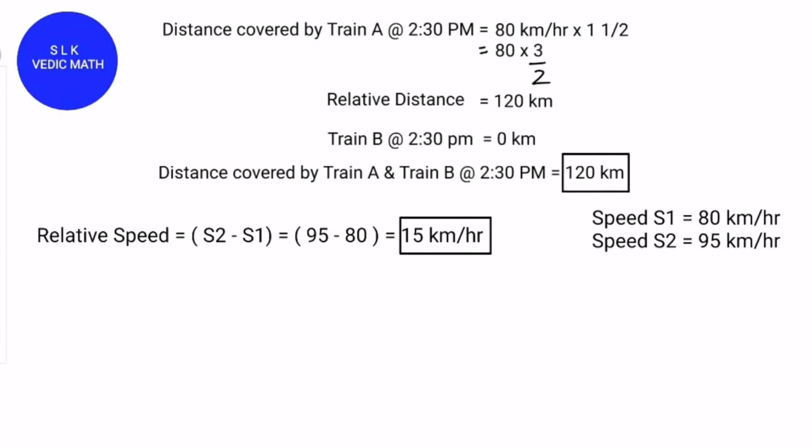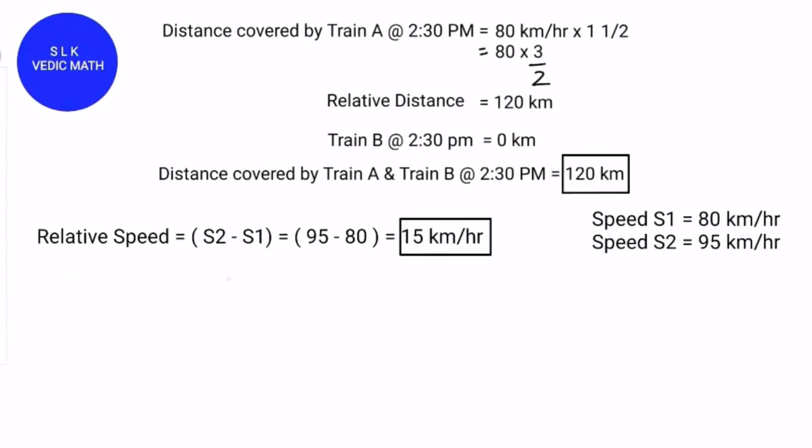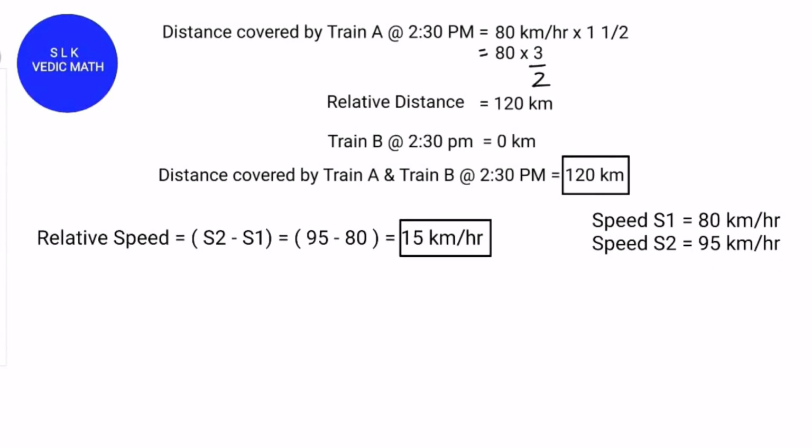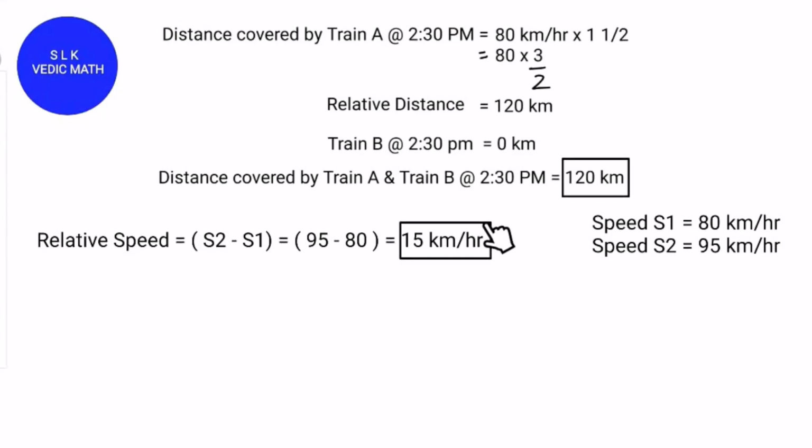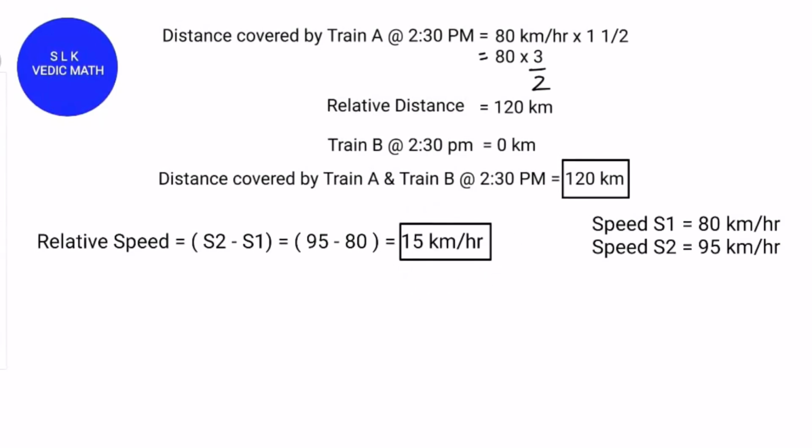The relative speed is S2 minus S1. The second train speed is 95 km per hour, and the first train speed is 80 km per hour. So it's 95 minus 80, which is 15 km per hour. So the relative speed is 15 km per hour.